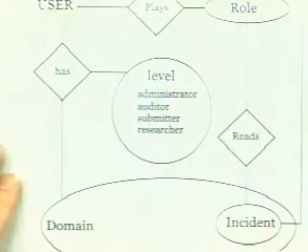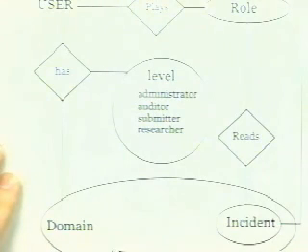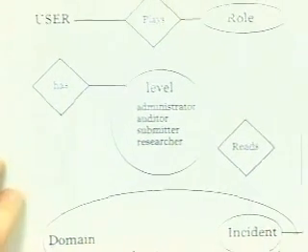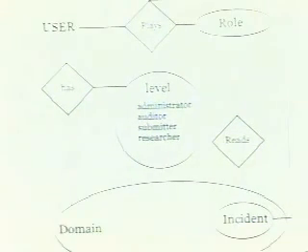Administrator means that they can access everything and modify everything. Auditor means that they can read everything. And submitter means that they can start incidents. Researcher would be me, for example, if I want to know in your database what has been the cost of denial of service attacks on your organization recently. That is, if you allow me to have access.